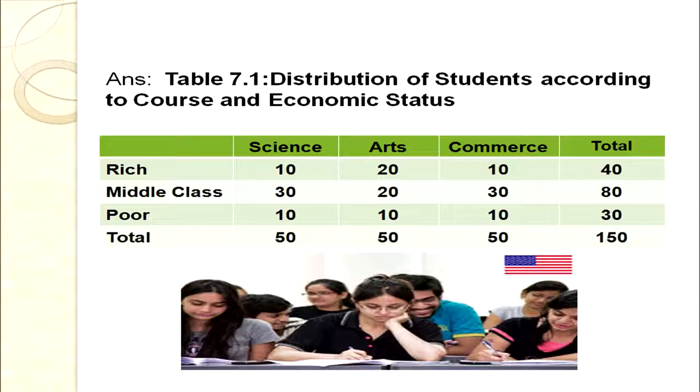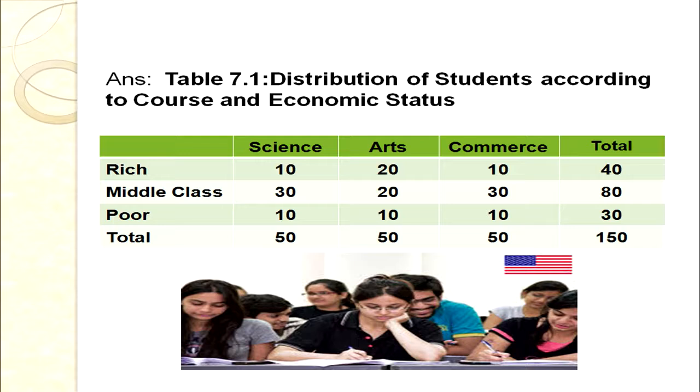Let us see how we have constructed the table. Over here you can see, very first, we have given the table number 7.1. Then we have selected the title of the table, representing the to-the-point effect, that is, distribution of students according to course, that means commerce, arts, science.